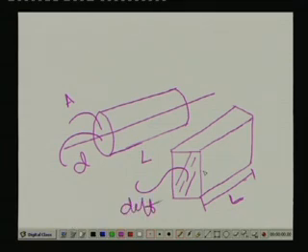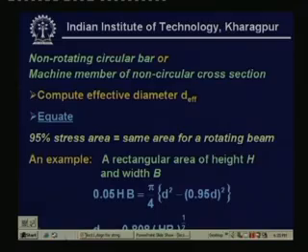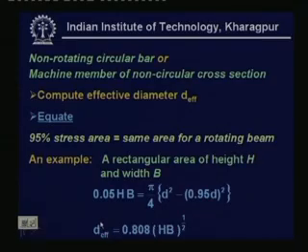Because the length in both cases is considered the same, we concentrate only on the area. That means we concentrate on equating the area from the 95% concept of the stress. Once again, just to read, 95% stress area equals the same area for a rotating beam.